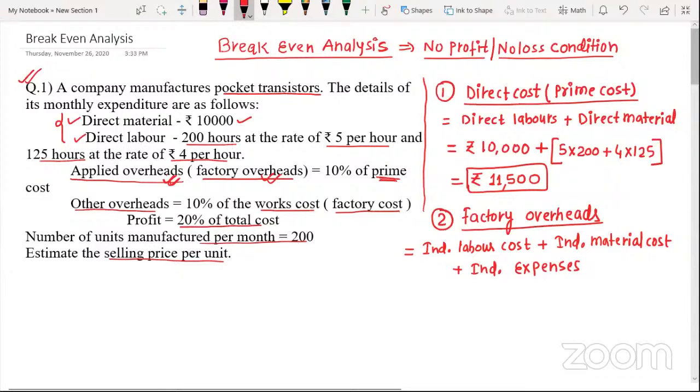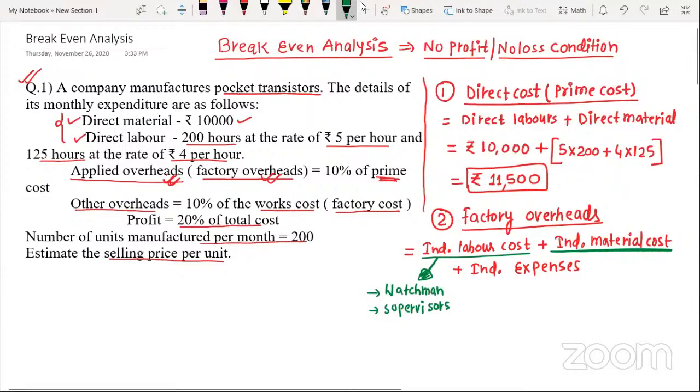Indirect labors can be the supervisors and watchmen. They are not directly involved in the production of the product, like the salary of the watchman. Supervisors are not the workers on the machine. Now, what is indirect material cost?